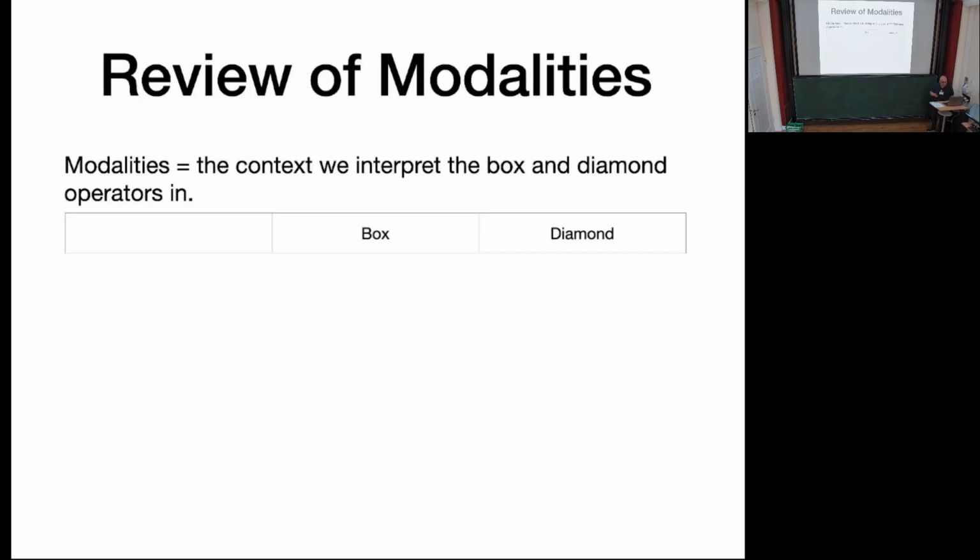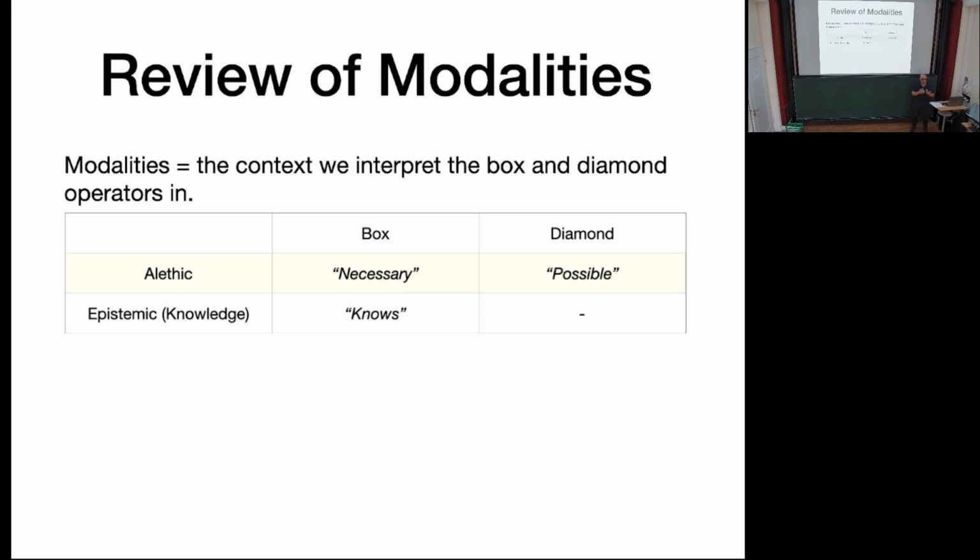We don't have one modal logic, but a family of modal logics, or systems, and in each system the operators box and diamond can be interpreted in various ways. For instance, in the alethic interpretation box P means P is necessary, and diamond means possible. In epistemic logic box means we know that, and we don't have a name for the dual, but it's not important.